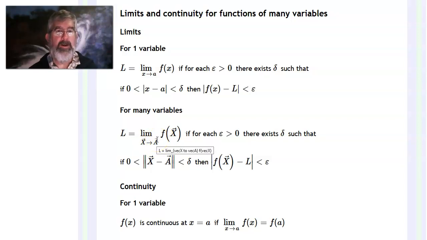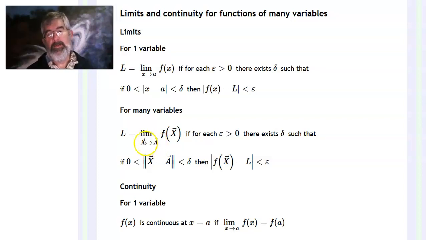So if it's in R2, then it would just be a comma b, like we did in the last video. Or if it's many dimensions, you might say A sub 1, A sub 2, A sub 3, all the way up to A sub n be the components of that vector. So you've got n variables approaching n particular numbers.